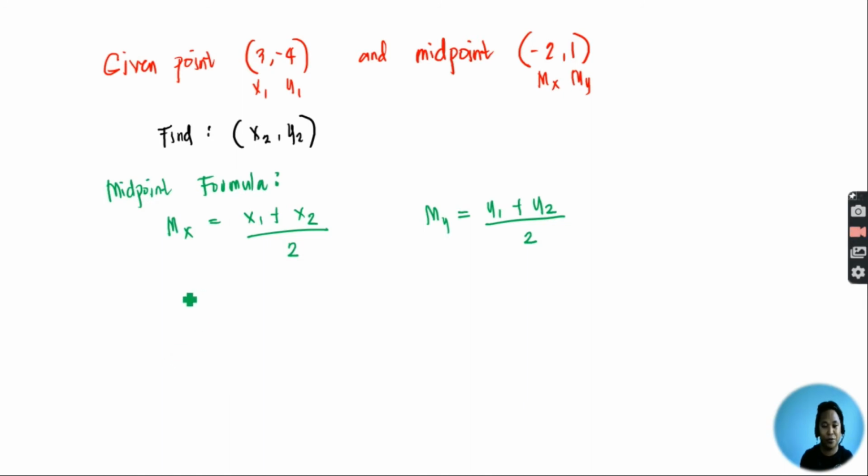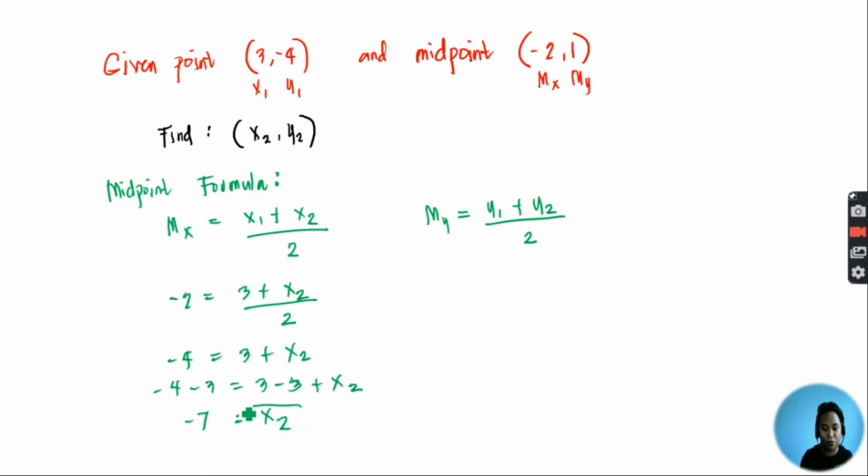Using the given, m sub x is -2, equal to x sub 1, which is 3, plus x sub 2 over 2. Then, cross multiply: -2 times 2 is -4, equal to 3 plus x sub 2. Then, subtracting 3 from both sides, we have -4 minus 3 is equal to 3 minus 3 plus x sub 2.